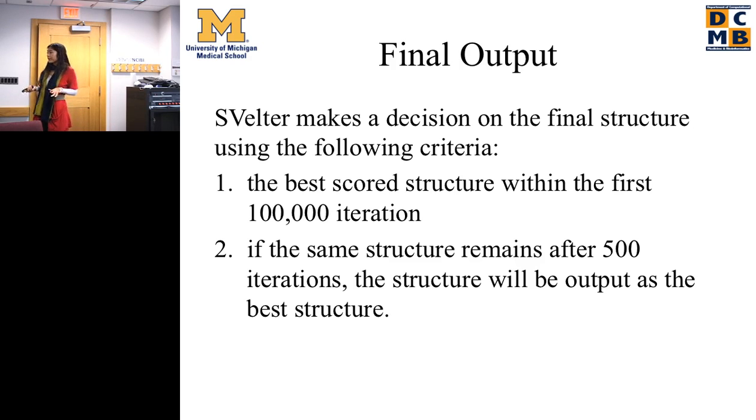For example, if we have just a block B in our local region, and in our first step we just delete B, heterozygous maybe, and that arrives at the right structure, and that kept being the right structure for over 500 times, then in this situation it is meaningless for us to run 100,000 iterations. We can just keep the result we have and output it as the final structure we want.